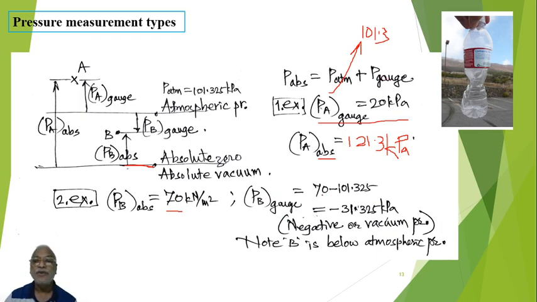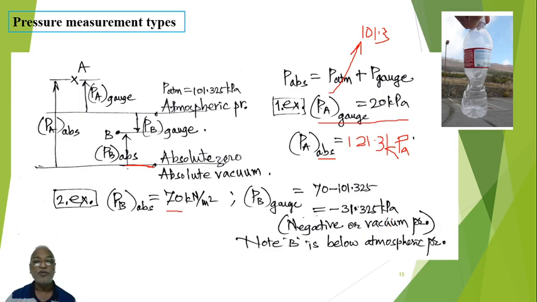Gauge pressure will be equal to absolute pressure minus atmospheric pressure. So 70 minus 101.325, and this becomes negative: minus 31.325. That's why this pressure, which is below atmospheric pressure, is referred to as negative pressure or simply vacuum pressure.